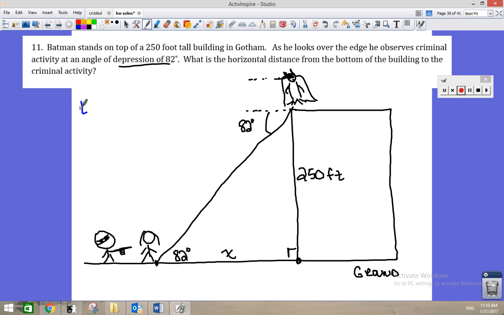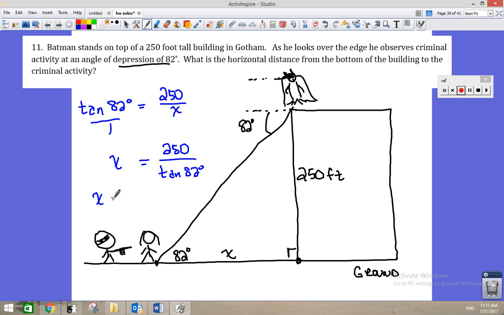So the tangent of 82 degrees is the opposite leg over the adjacent leg, 250 feet divided by X. If you cross multiply, you just exchange the X and the tangent of 82, and now we can jump to the calculator.